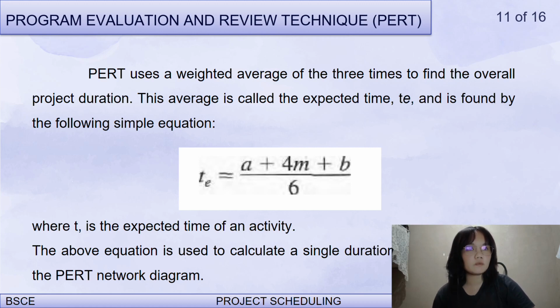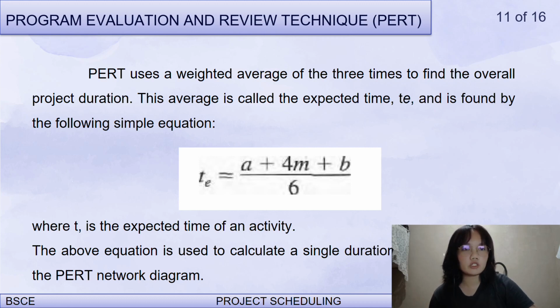This average is called the expected time, or TE, and is found by the following simple equation. So here is the formula to get the average, which is expected time equals optimistic time plus four times most likely time, or M, plus B, which is the pessimistic time, over 6, where TE is the expected time of an activity.